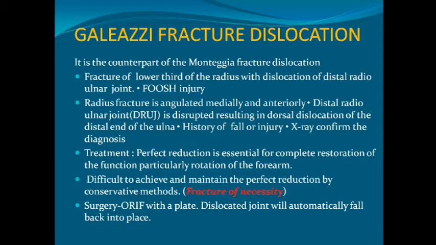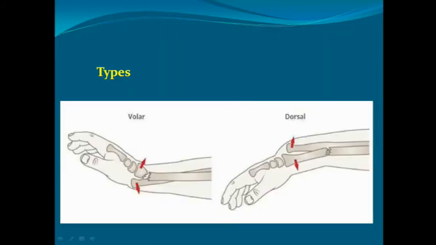It is difficult to reduce in a conservative way, so we almost every time go for operative procedures. So this Galeazzi fracture is called fracture of necessity. Surgery with plating: when we reduce the fracture, the DRUJ will fall back into its own place.